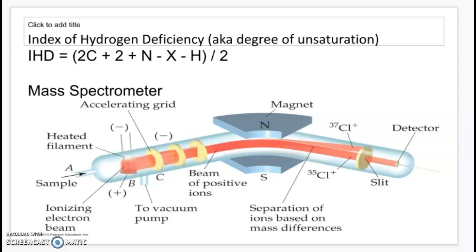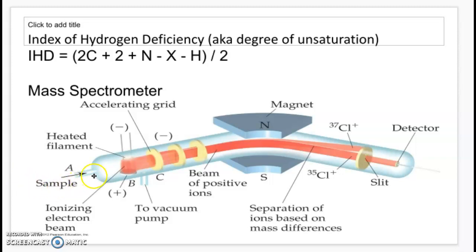With an element, it breaks it up into the different isotopes, the different masses, and we detect their percent abundances. In the case of organic molecules, it fragments a molecule. So if you imagine a long chain of hydrocarbon, it actually breaks it up into pieces and chunks, and what you're measuring is the abundance of each one of those fragments of the molecule that's been broken up or fragmented.